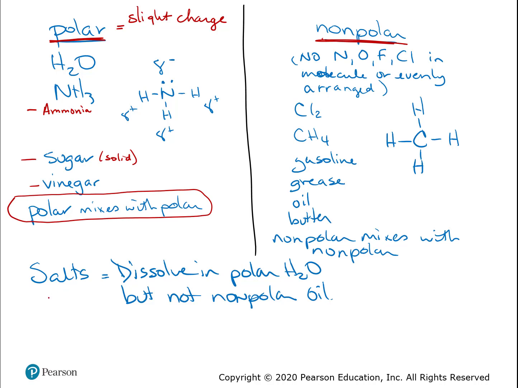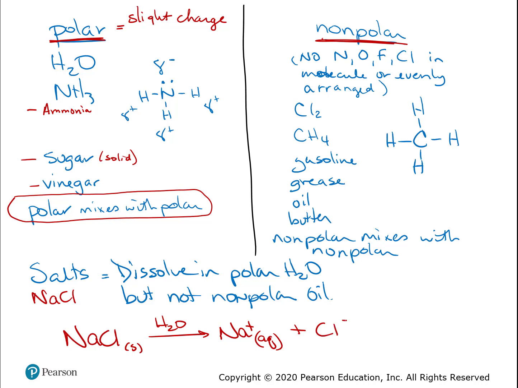The other thing, though, salts. So remember when we were talking about salts, and I said if you take NaCl, which is table salt, and you put it in water, it splits into sodium ions and chloride ions. They become aqueous. Aqueous means dissolved. They don't stay together as a solid.